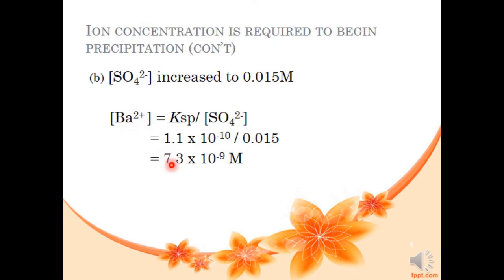This is the maximum concentration of barium 2+ in order for this salt to remain in aqueous form. If the concentration of barium 2+ exceeds this value, it means precipitate will form. The question is asking what is the concentration of barium at which barium 2+ still remains in aqueous, solution form.